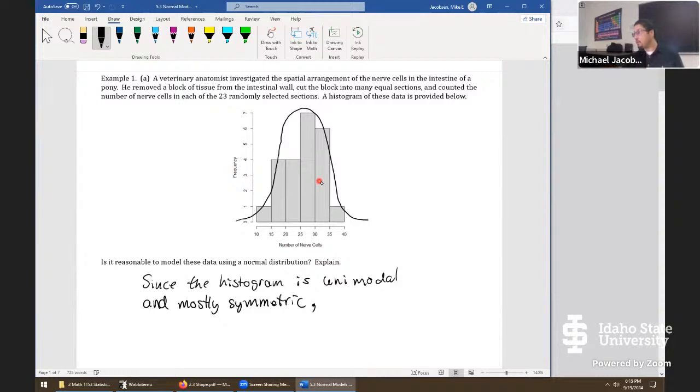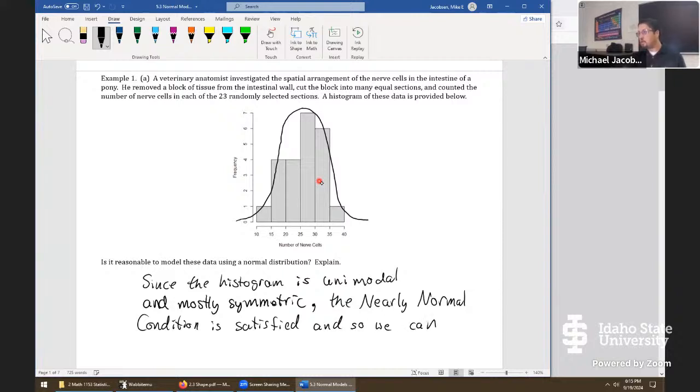We can say the nearly normal condition is satisfied, and so we can use a normal distribution or normal model, however you'd like to say it. Let's go with normal model. So again, this is not ideal, but this would work pretty well if you try to model the data with the 68, 95, 99.7 rule.